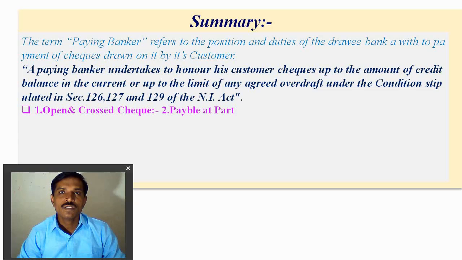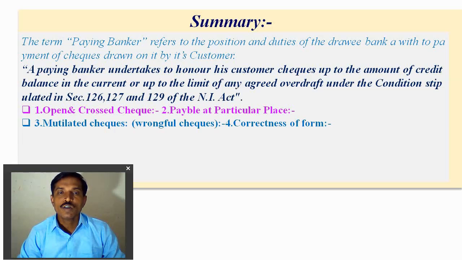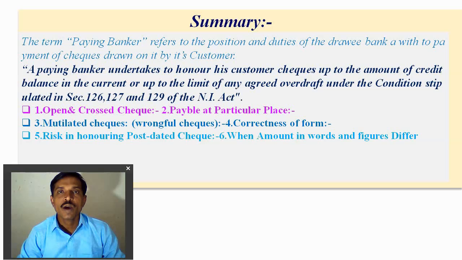There are certain precautions needed whenever the paying bank pays the customer's check: open and crossed checks, whether the check is generally crossed or specially crossed, and where the check is payable, whether a particular place is mentioned or not. For a mutilated or wrongful check, the bank needs to check the correctness of the form, whether the printed form is written correctly by the customer or not.